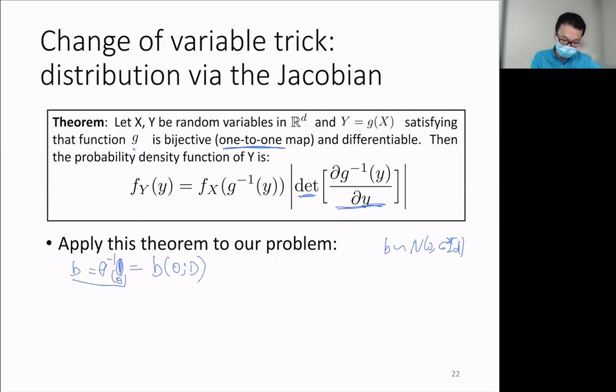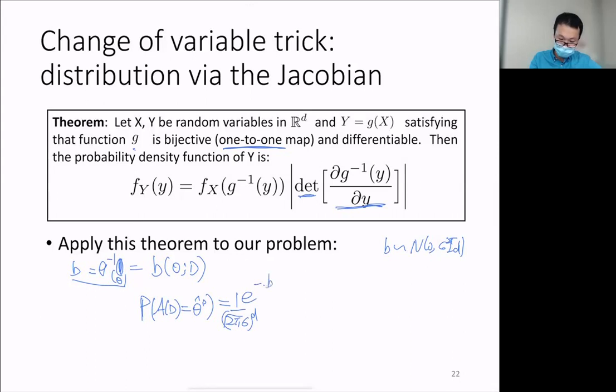To simplify it a little, let's write it down in the notation that we're familiar with. This is the probability density of our objective perturbation algorithm taking this data set and outputting theta hat P. This is equal to the normal density, 1 over (2 pi sigma) to the d, because it's d dimensional, times exponential of minus the norm of g inverse of theta.